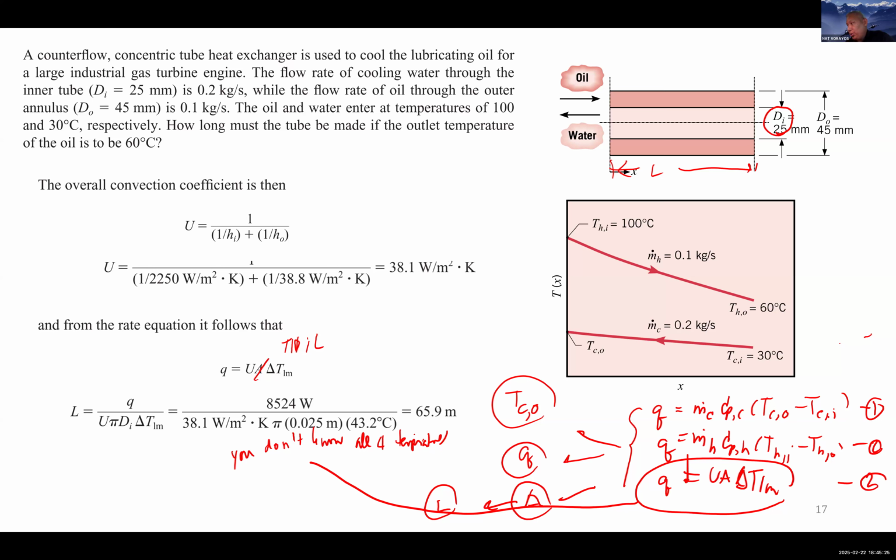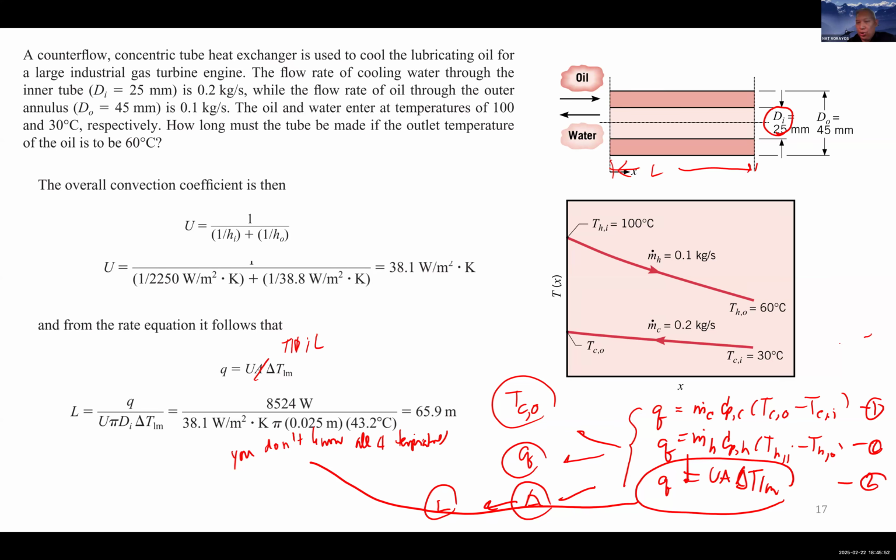And why do I choose to use the LMTD, in spite of the fact that the LMTD itself needs 4 temperatures to find the delta T LMTD? That's because I know all the m dot C, m dot H that I know. And I can find the heat transfer from the pair of temperatures that I know, from the m dot that I know.